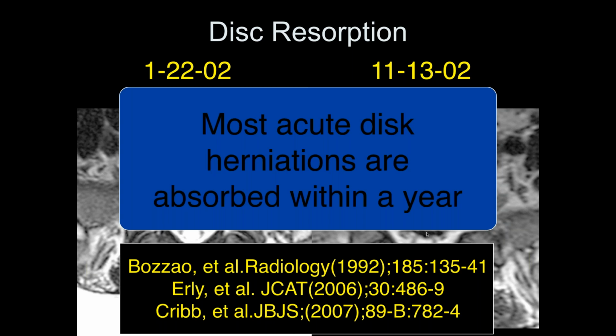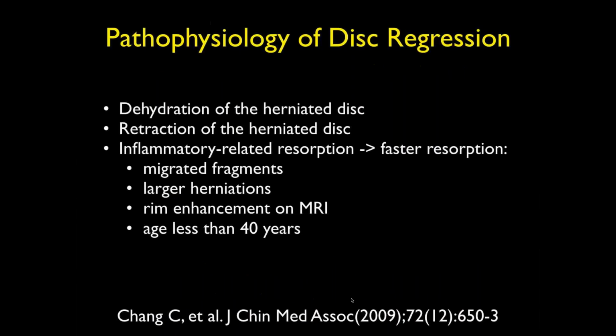So most people nowadays will elect not to have surgery and will take some sort of painkillers. But if those painkillers aren't enough and you really can't handle the pain, then surgery is an option. There are multiple papers that show this. Now, does the disc stay abnormal?